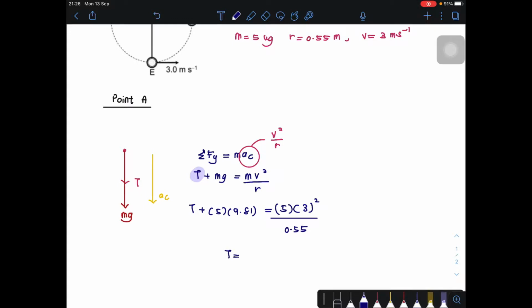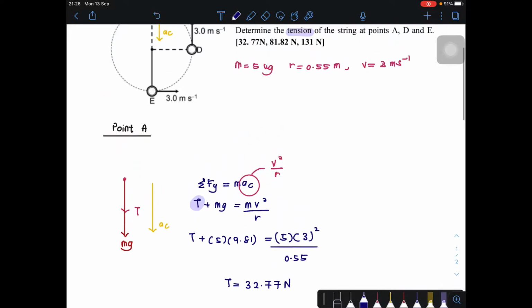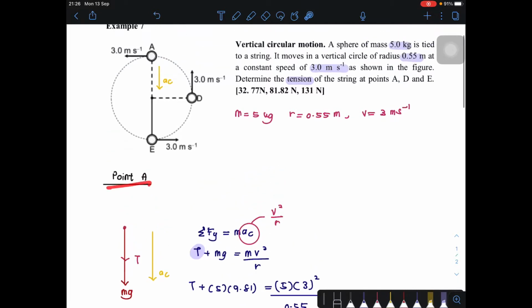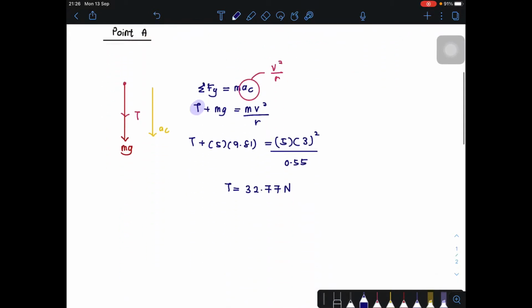So you will get the tension at point A is equal to 32.77 Newton. Okay, so that one is for point A. Now kita akan tengok dekat point D. Okay, dekat point D here.